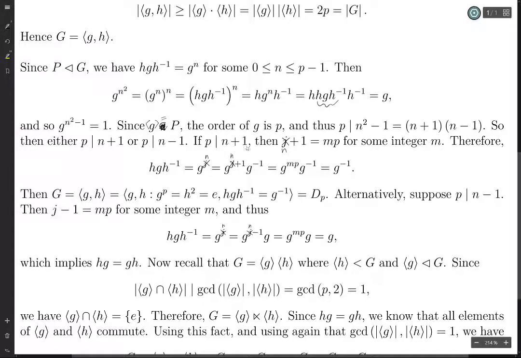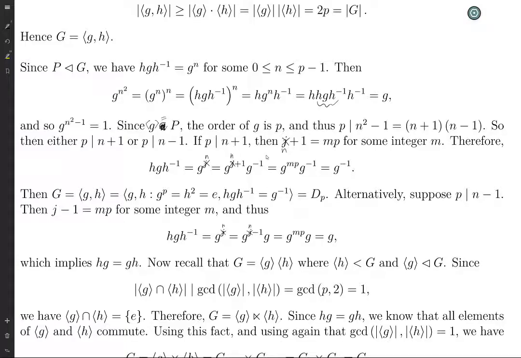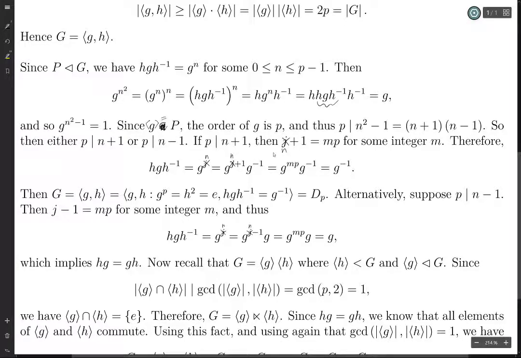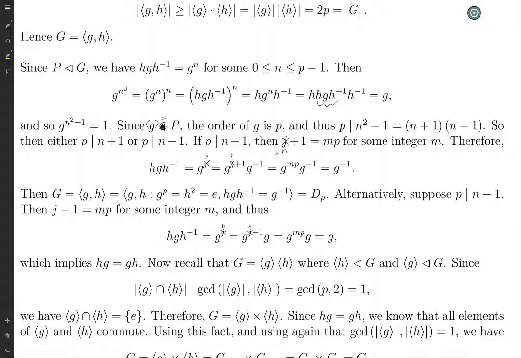If p divides n plus 1, then, I don't know why I use these j's here. I think this is another thing where, because these formulas were so tricky, I had no idea where to go, and so I think I just looked up online for some hints. And luckily, this is a fairly standard problem. It's been done before. But again, I don't quite know how you would come up with this on your own.